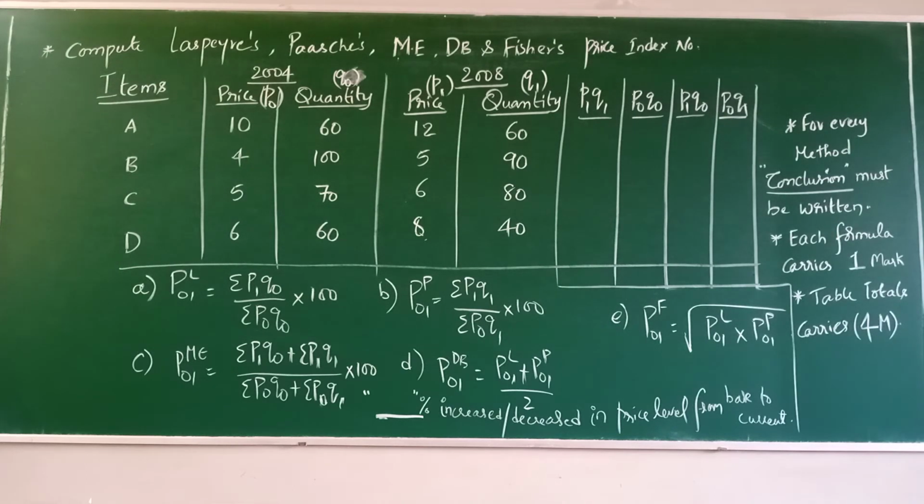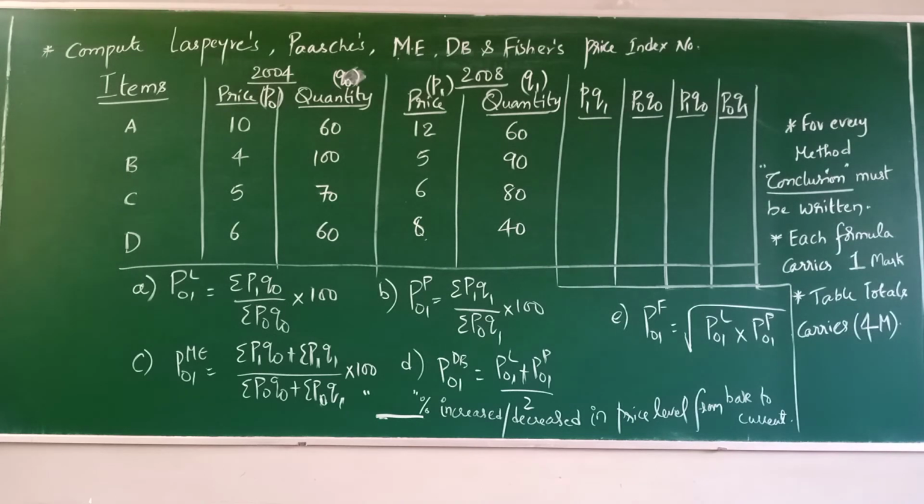Here the table carries 4 marks, and then formula, substitution and conclusion, everything all together writing will be of 6 marks. So given information with the table carries 4 marks, every formula individually 5 marks, and all the conclusions together 1 mark. So this is the blueprint of this question.